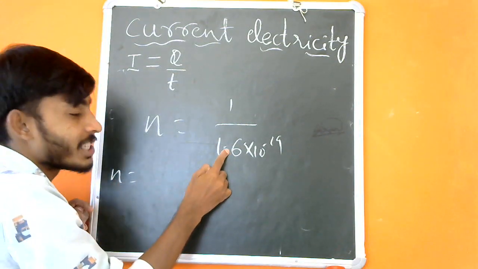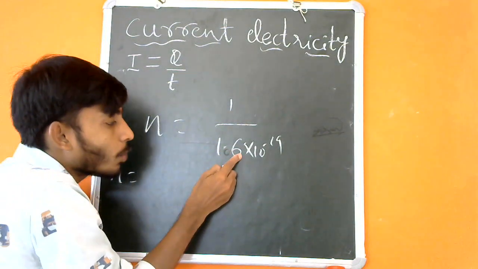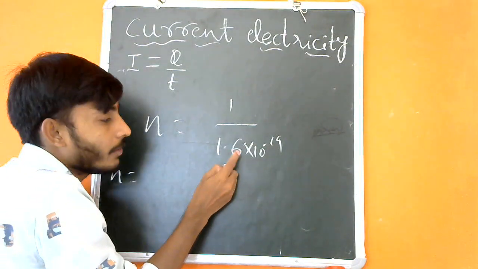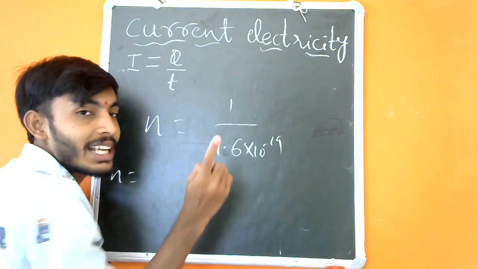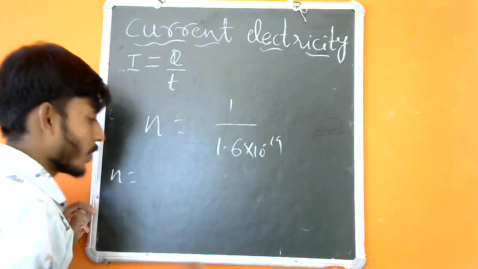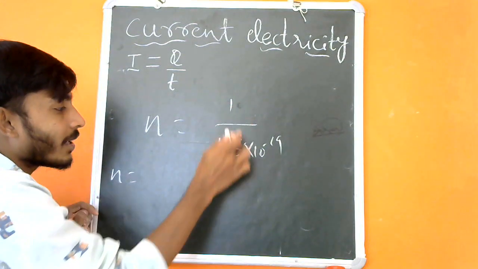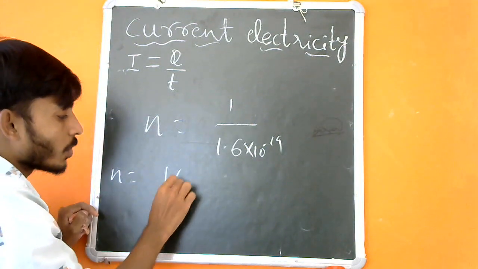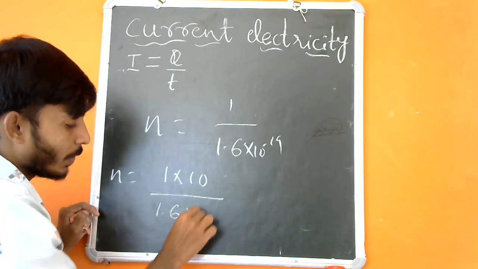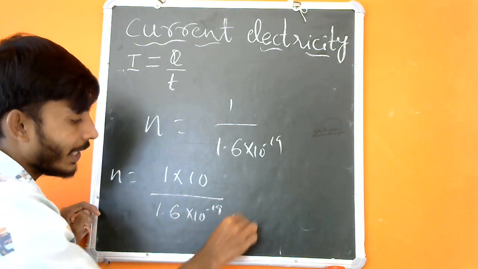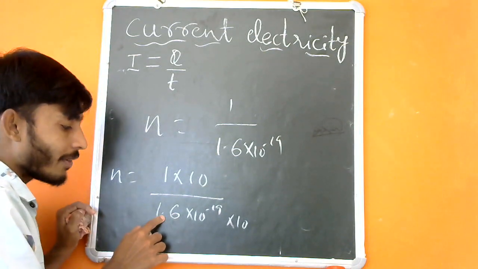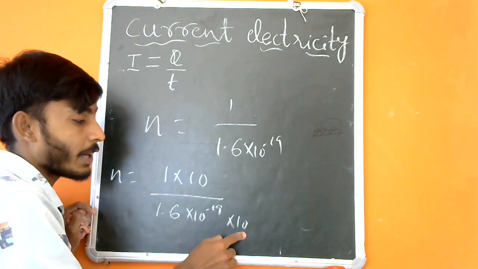Here I have a decimal point after 1 digit, so multiply the numerator and the denominator by 10. So 1 into 10 by 1.6 into 10 into 10 power minus 19. Because after one digit I have a decimal point, that's why I multiplied by 10.